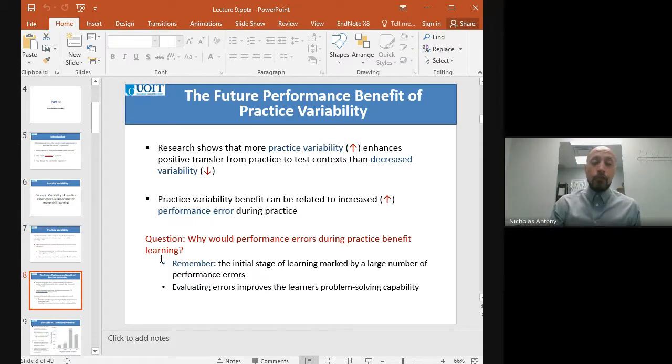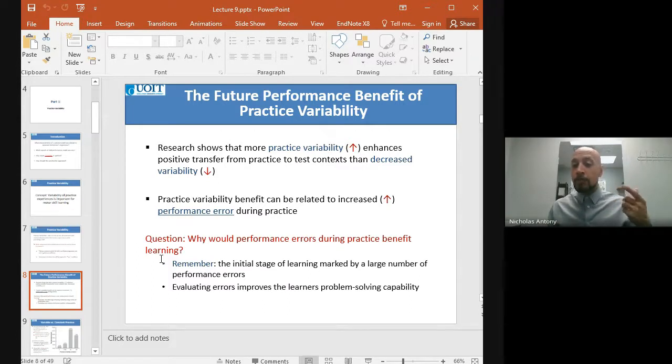But the reason why research is showing that increased practice variability leads to positive transfer into real life situations is because of all of the things that you all said. If you take it one step backwards, by having variations of the skill while you're learning, you're introducing more performance error, right?